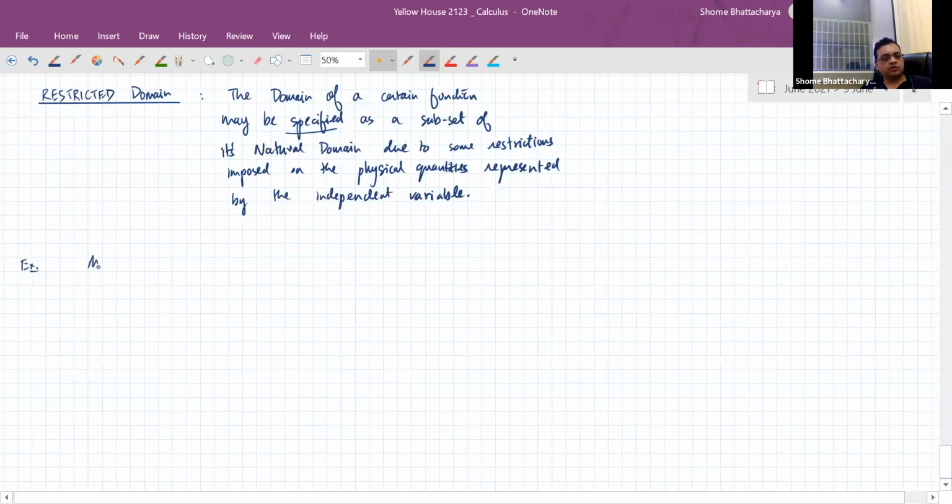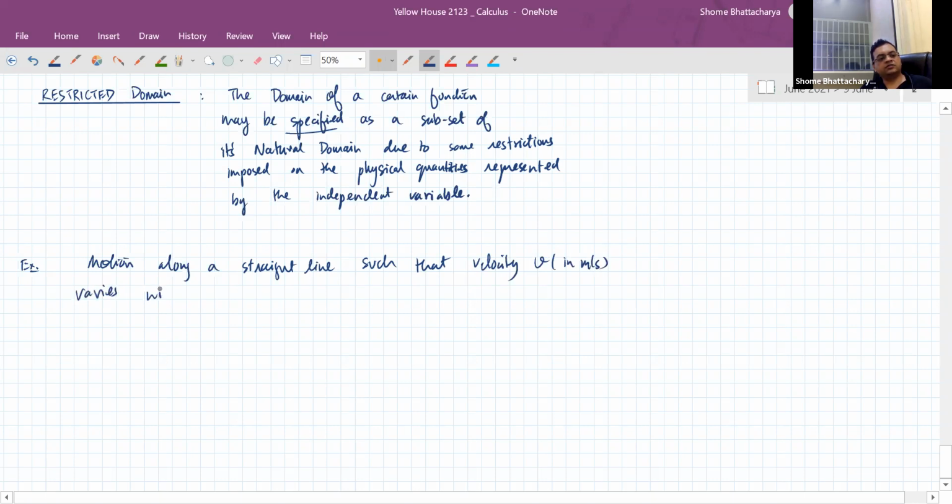So I have motion along a straight line such that velocity v in meters per second varies with time t in seconds as, let's say, v is equal to 5 plus 2t.